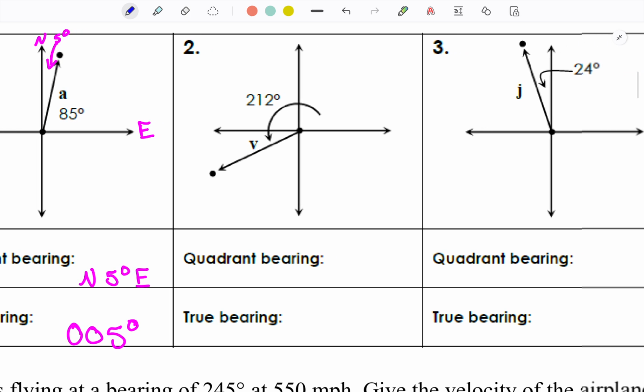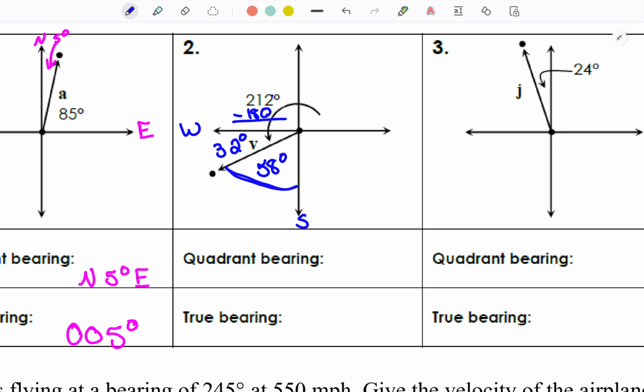Then on number 2, we have 212 degrees in standard position, but coming from the south, we are heading west. If we subtract 180 from 212, we are left with 32 degrees right here. And 32 degrees subtracted from the 90 is going to be 58 degrees.